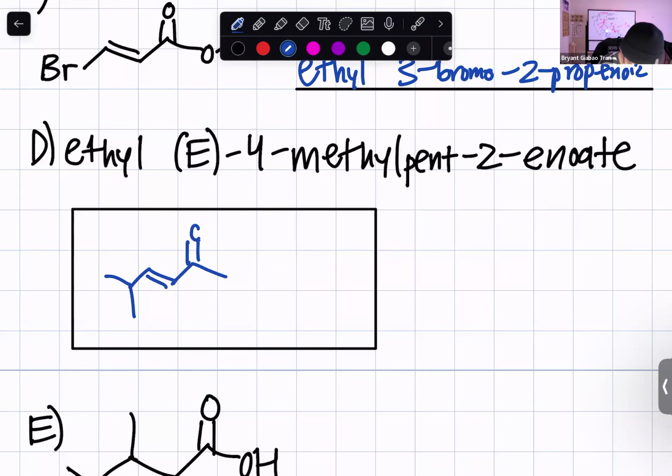And the R group of the O would be an ethyl group. You forgot to write that. Yep, you got it. Nice. Correct.